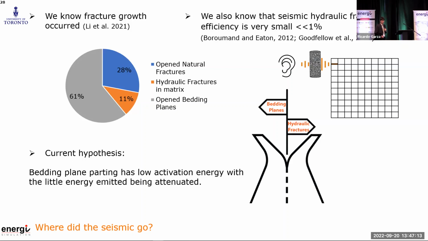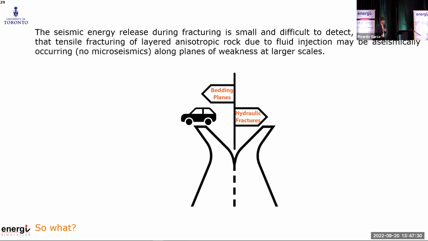And the bedding planes actually have a very low activation that could also explain the strange results, I would say, that you obtain from the field. So shall we go bedding planes, or we should keep parting of bedding planes, or we should continue thinking about our penny shape fractures?